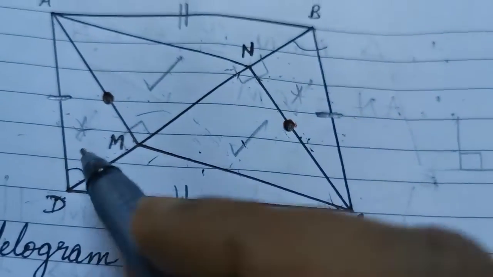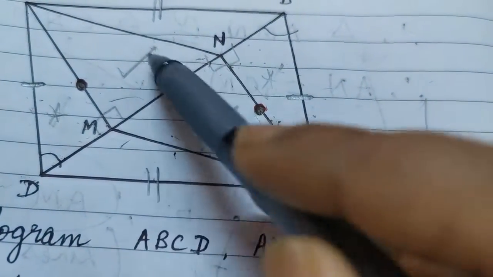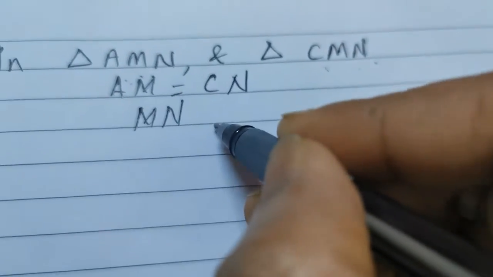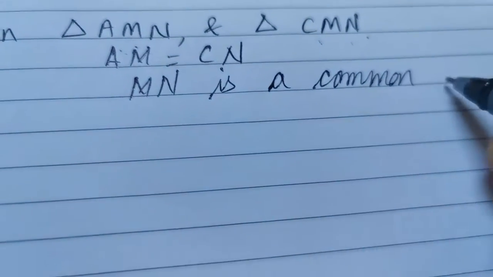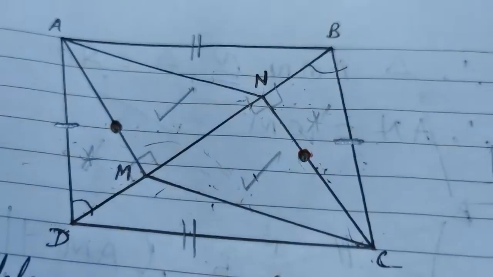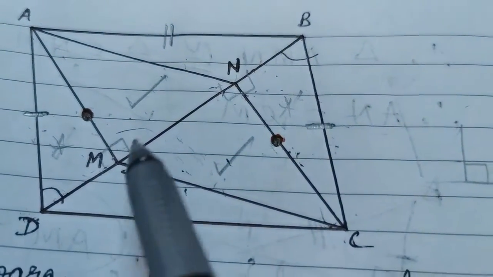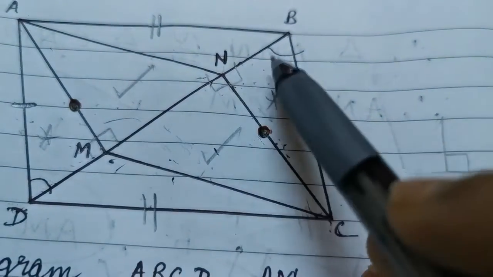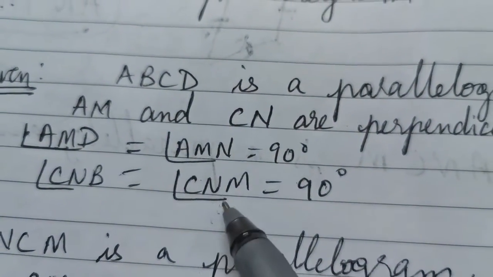Next, I have a side MN which is common to both the triangles. And I have angle AMN as 90 degrees and CNM as 90 degrees because they are perpendiculars to DB. We wrote it here. AMN and CNM are both 90 degrees.